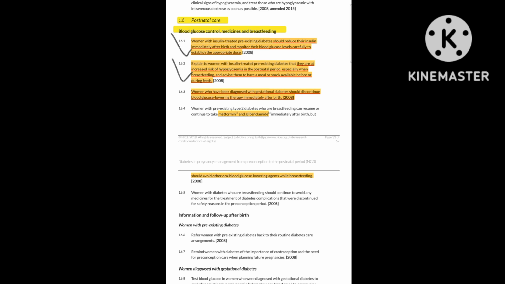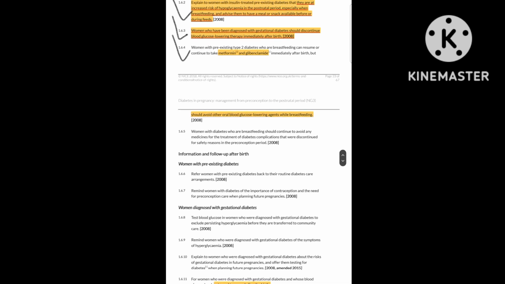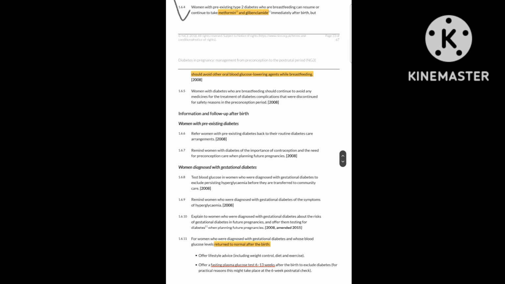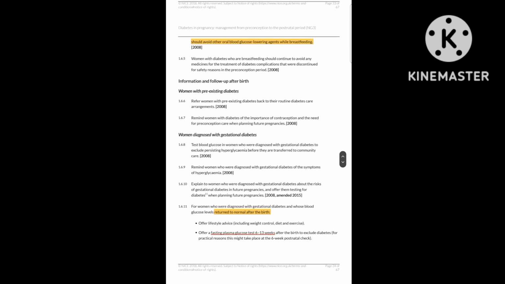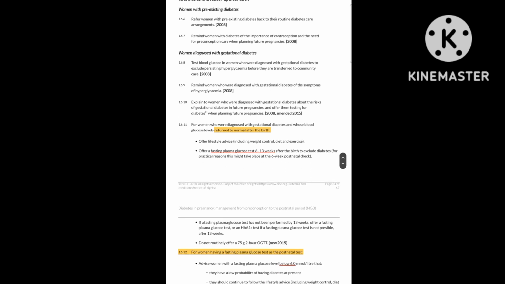Advise them to have a meal or snack available before or during feeds. Women who have been diagnosed with gestational diabetes should discontinue blood glucose lowering therapy immediately after birth. Women with pre-existing type 2 diabetes who are breastfeeding can resume or continue to take metformin and glibenclamide immediately after birth, but should avoid other oral blood glucose lowering agents while breastfeeding.